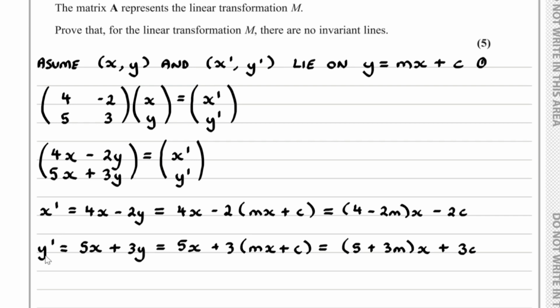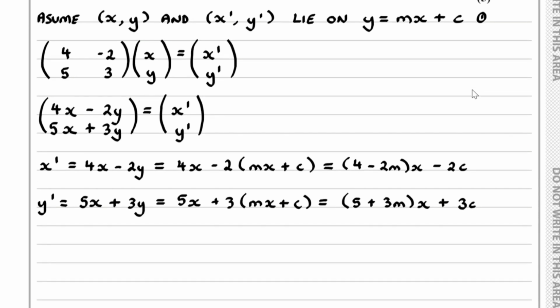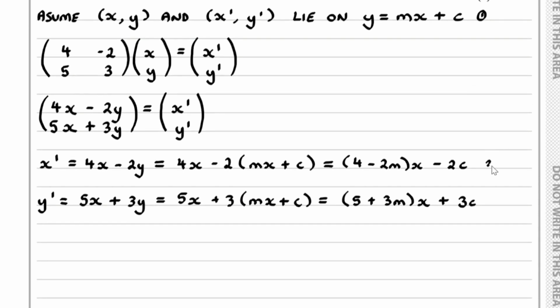Now, because we know x prime and y prime lie on this line, if I call this equation 2 and this equation 3, what we can do is substitute 2 and 3 into 1, and that's essentially because x prime and y prime lie on the line.